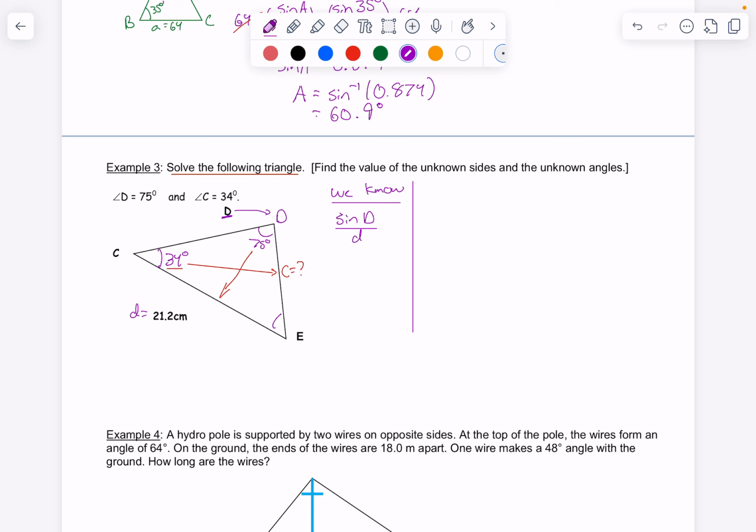So we take what we know, our sine d over d, and we set that equal to, and actually because I'm looking for a side length, I'm going to use the other one, d over sine d. It doesn't matter as long as you are consistent. So because I'm putting my ratio with the side length up top, that means you set it equal to the other one with its side length up top.